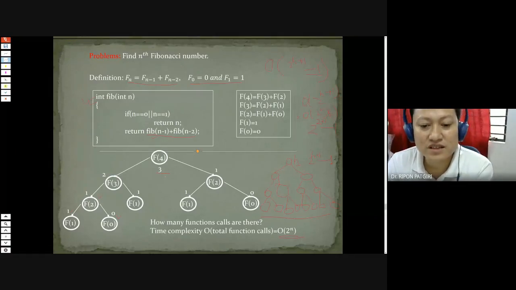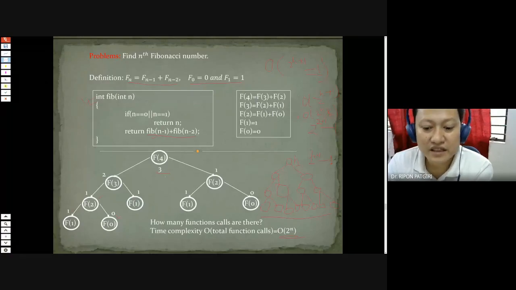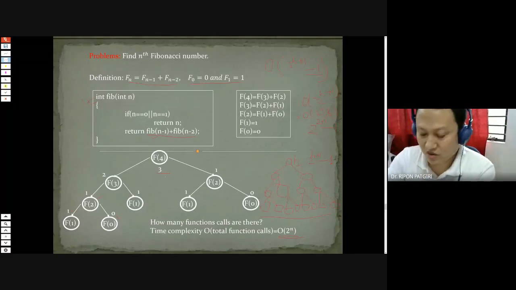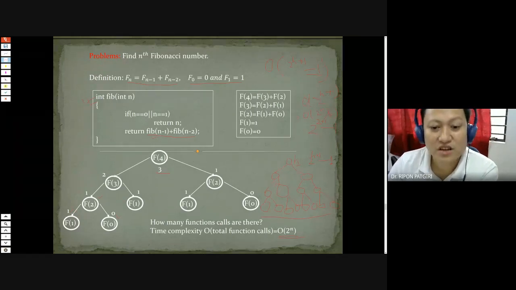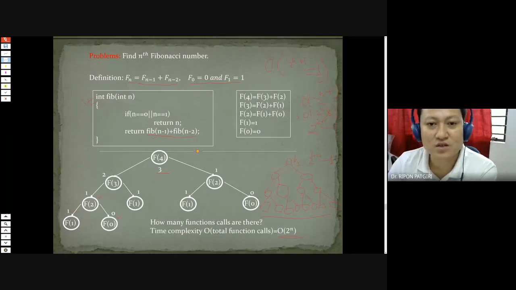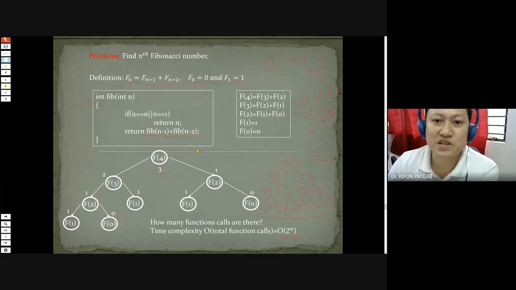You are not implementing stacks here, but it is hidden, so the extra space complexity is hidden. You cannot see it here. You are not using any extra space, but the operating system is using extra space depending on how many function calls there are. That is the total extra space complexity, same as big O of 2 to the power n.